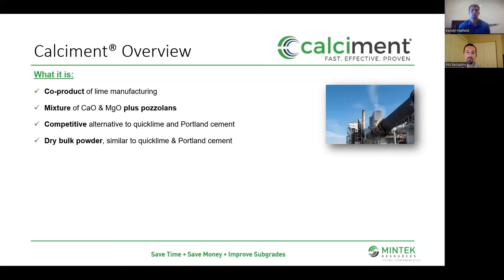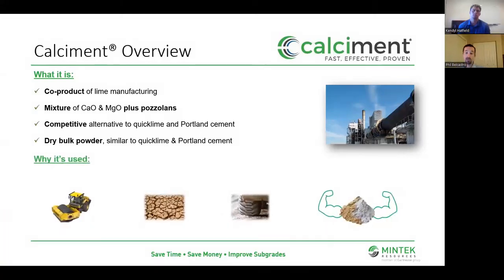And so it's a nice competitive alternative between the quicklime and Portland cement that kind of bridges the gap between quicklime and Portland cement: conducive soils, more granular soils versus very fine grained soils, the clayey soils. So we're using it for the same reasons. Once again, improve those engineering properties like shrink swell potential, better compaction, getting some long-term permanent strength gains as well.